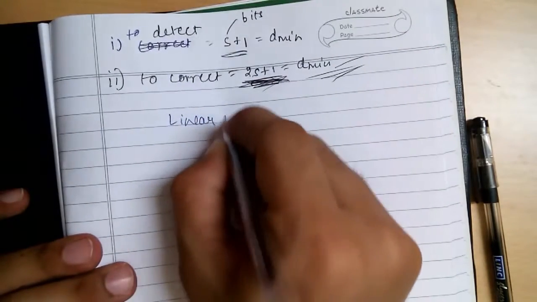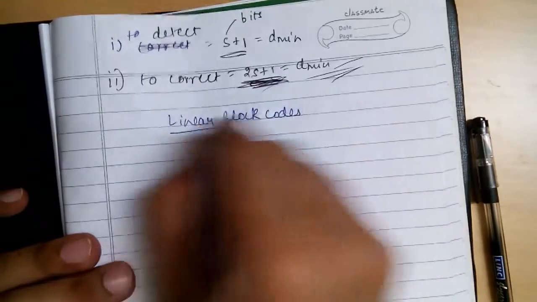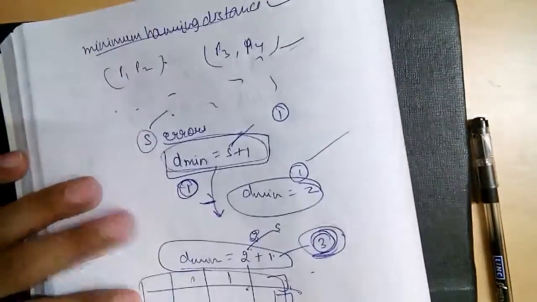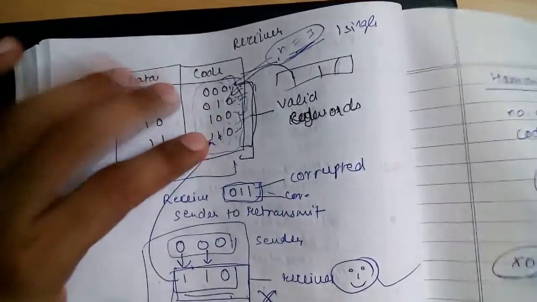So linear block code. Do the code words we used before belong to this subset of linear block codes or not?